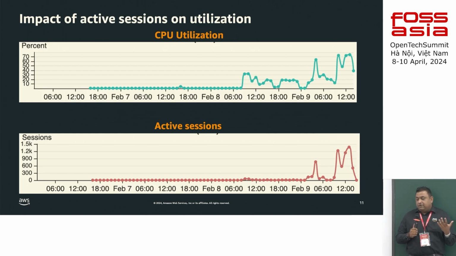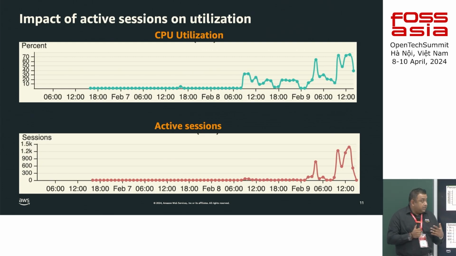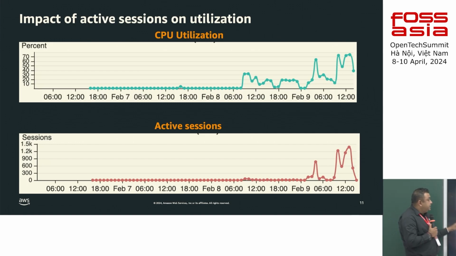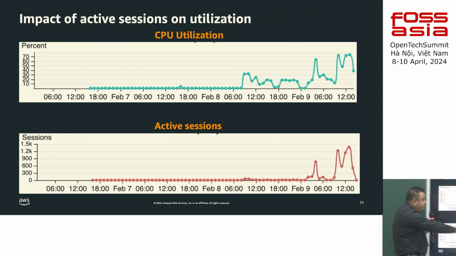Either in the form of IO latency or some sort of resource blocks, or a drop in free memory and an increase in CPU usage, and that will in turn show an increase in the number of active sessions, corresponding with the CPU utilization on the database. Now, this is basically done using sampling on pg_stat_activity.